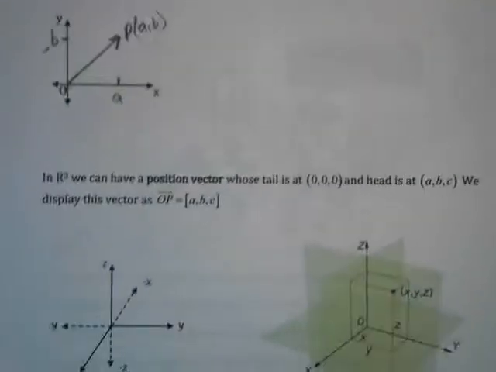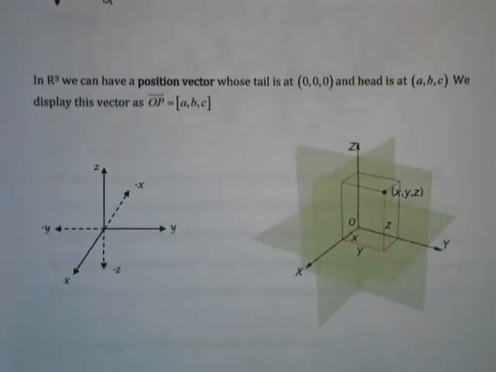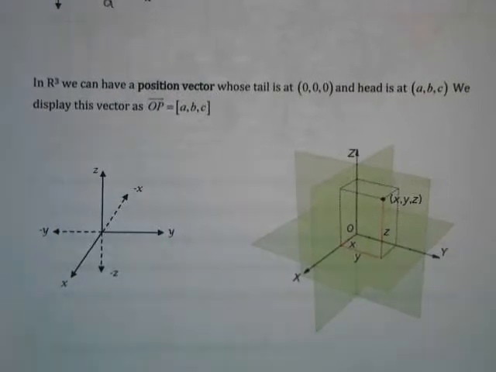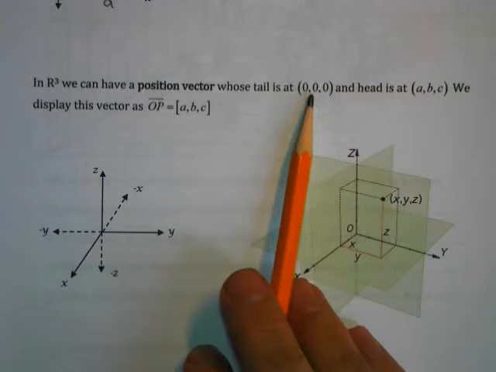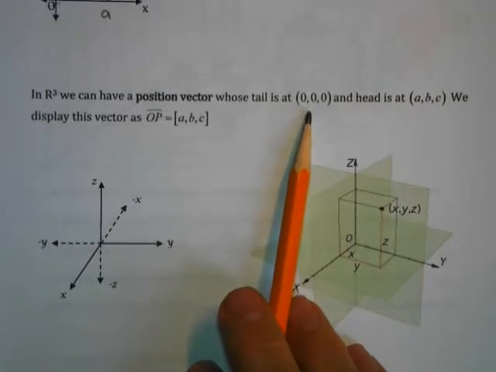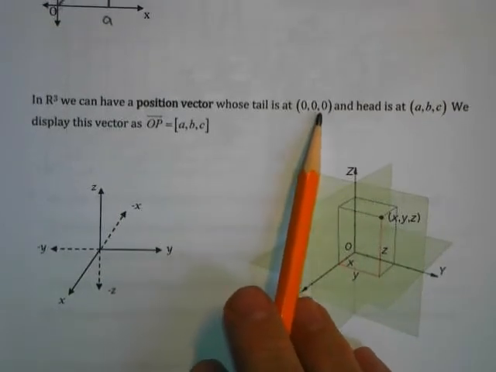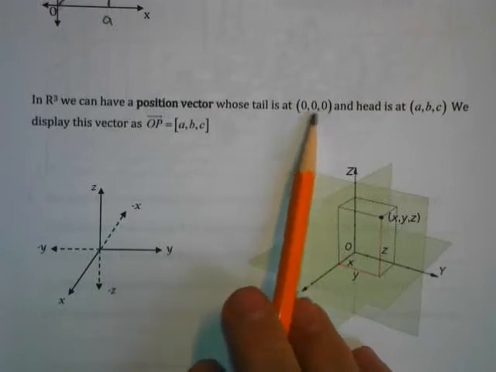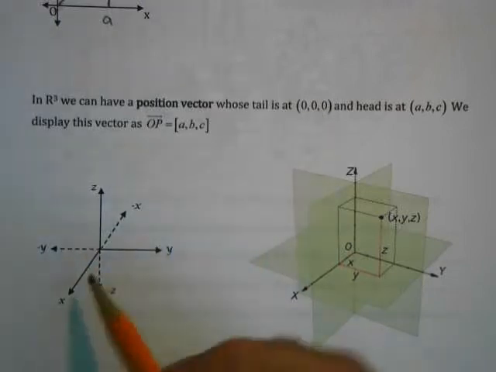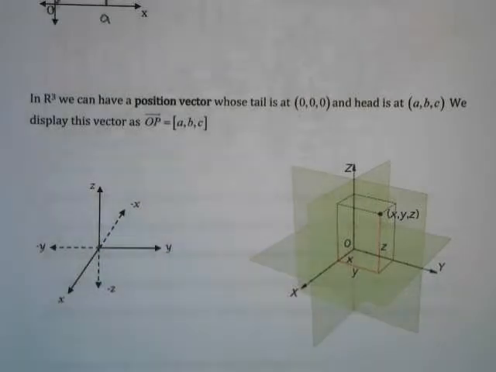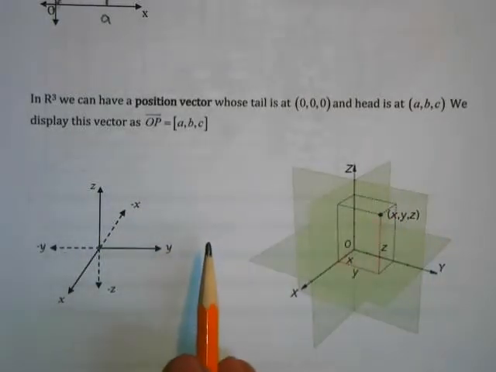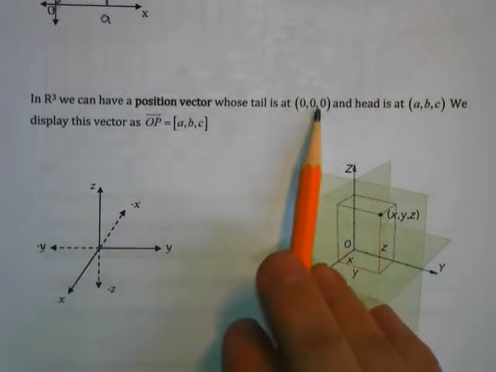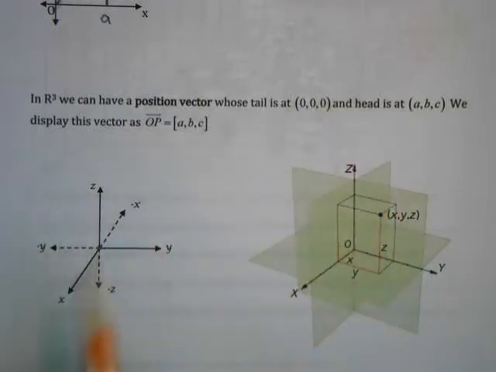If we move to R3, let's talk about a position vector in R3. The tail is still at the origin, but this time the origin is the point 0, 0, 0, because you've got x, y, and z coordinates. That's located right at the intersection of all three axes, and we display this vector going from 0, 0, 0 to A, B, C as a position vector.